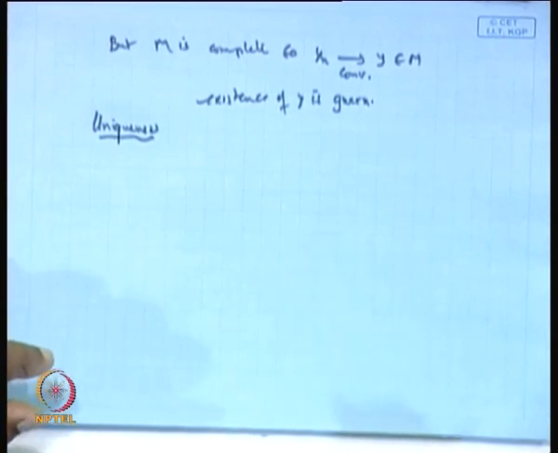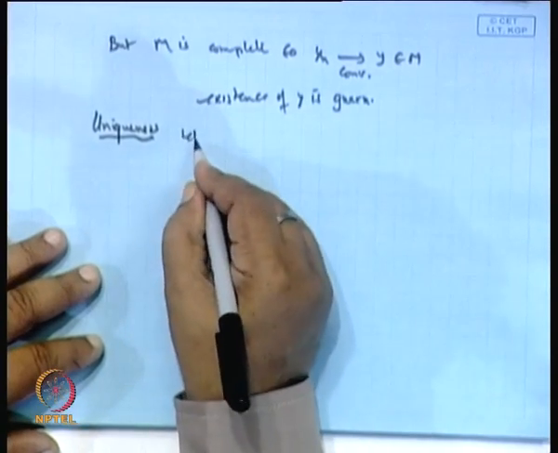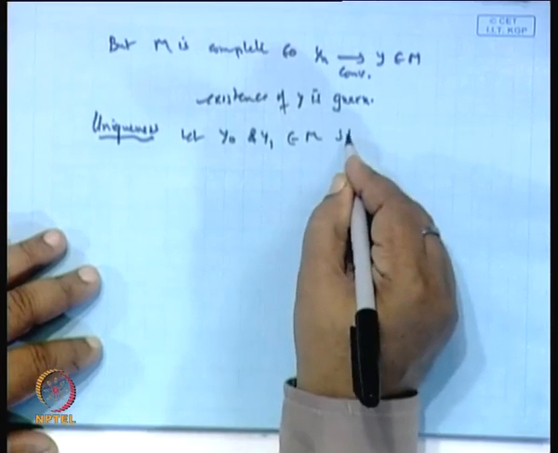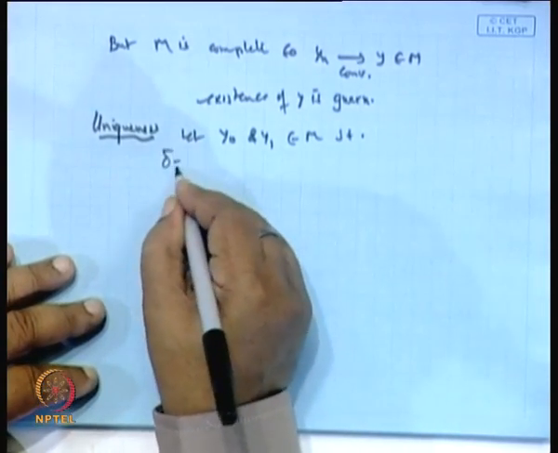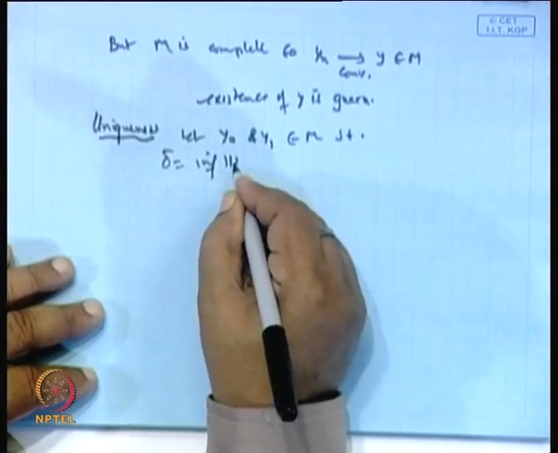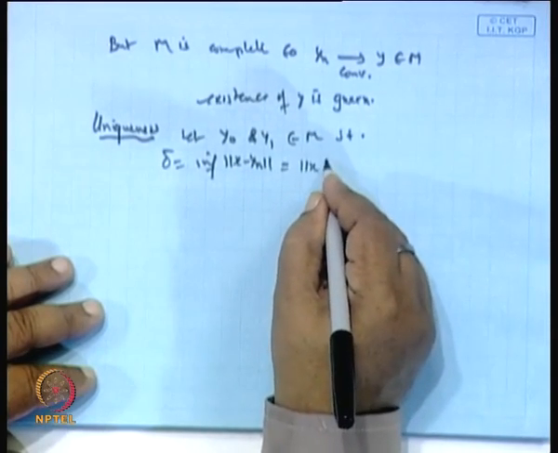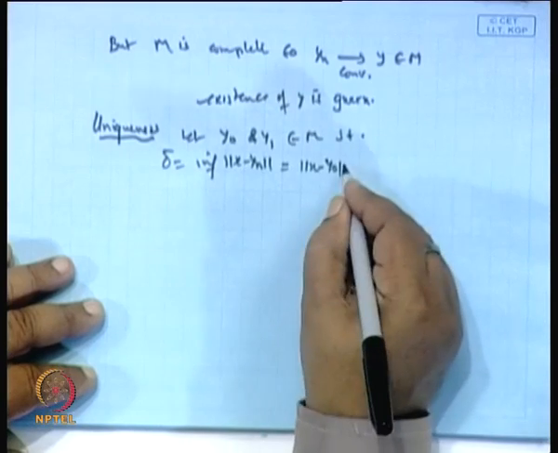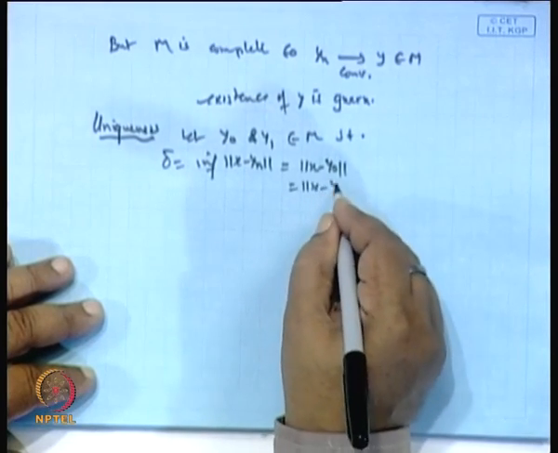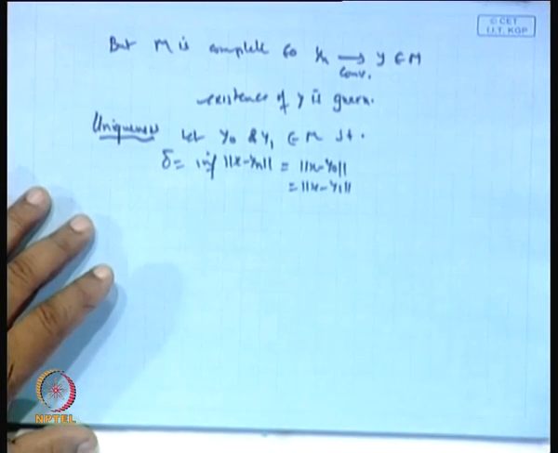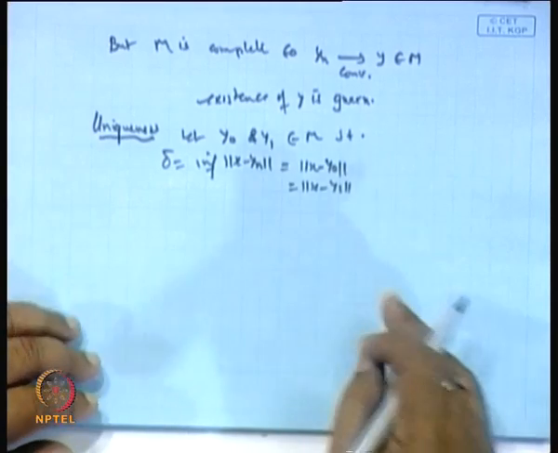Suppose there are two values, let y naught and y 1 be points in M such that delta, which is the infimum of norm x minus y, is equal to norm of x minus y naught, and this is also the same as norm of x minus y 1. Suppose there are two points where the infimum is attained.